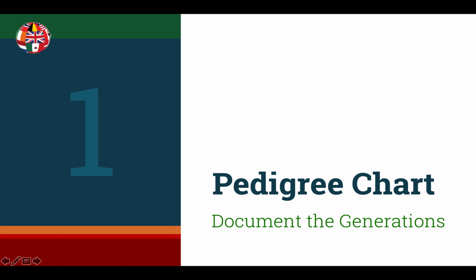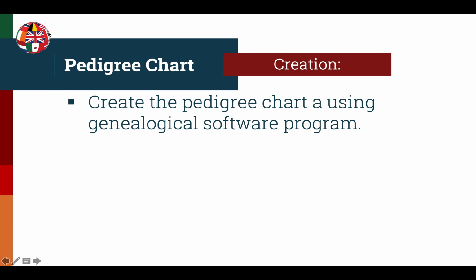Let's start with the required pedigree chart for the Level 1 for Generation project. The purpose of the pedigree chart is to create a visual documentation of the generations covered in the project. Here's an overview of creating the pedigree chart. First, create the pedigree chart using a genealogical software program.